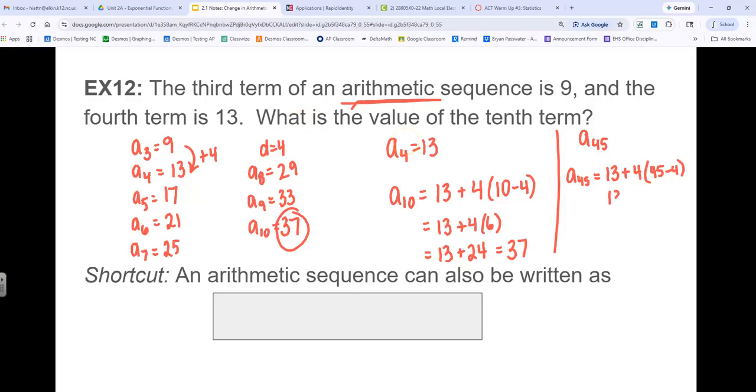And so I could do 13 plus 4 times 41, which would be 13 plus 164, which would give me 177 for that. Definitely, the shortcut is better if you've got to go way up high, because writing that out that many times would take a very long time to do, and you're likely to make a mistake somewhere when you're out that many.